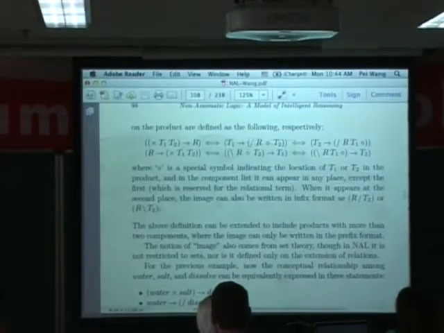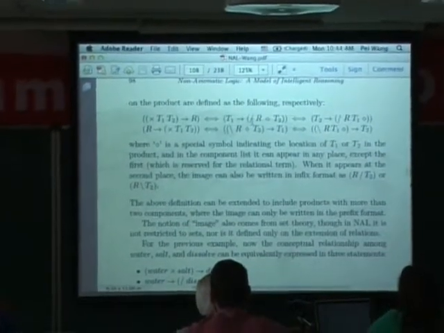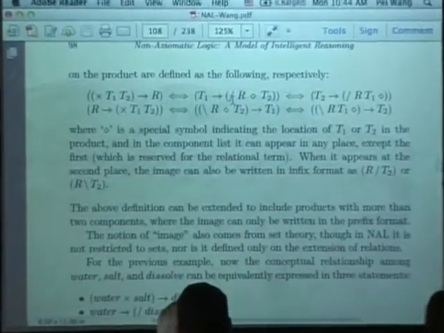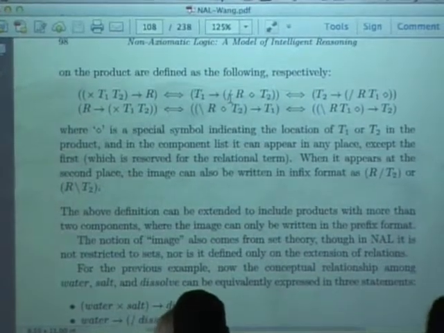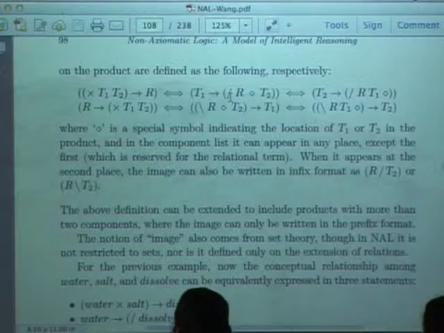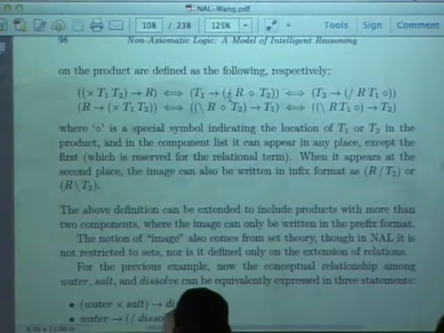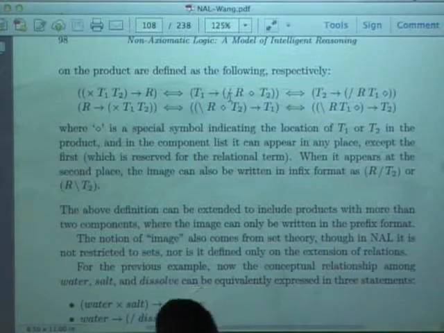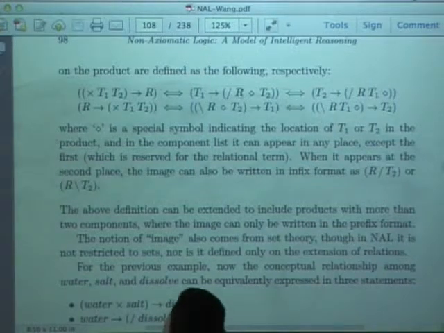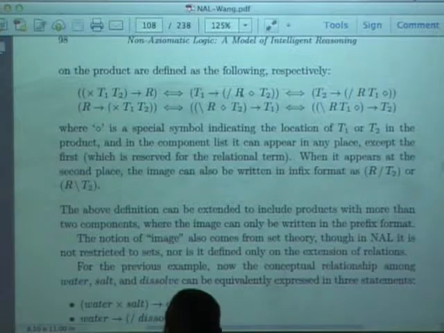Here the first is the operator. I use this one because intuitively, product is multiplication, so the reverse is division. So I'm using that operator for that reason. The second one is a term, which should be the relationship itself.